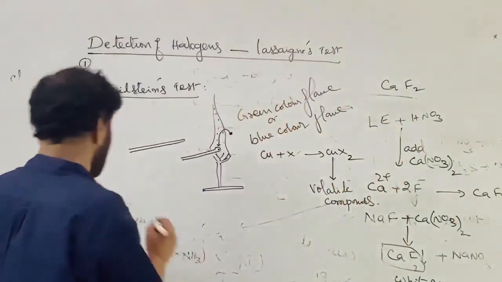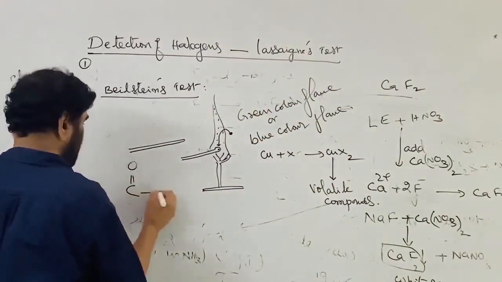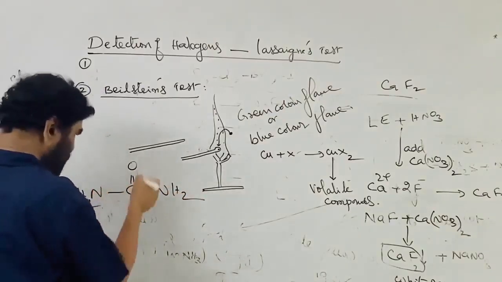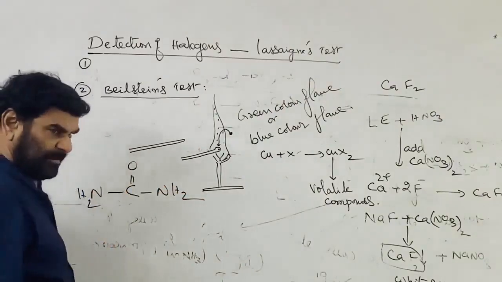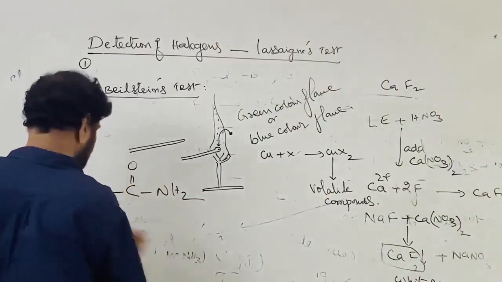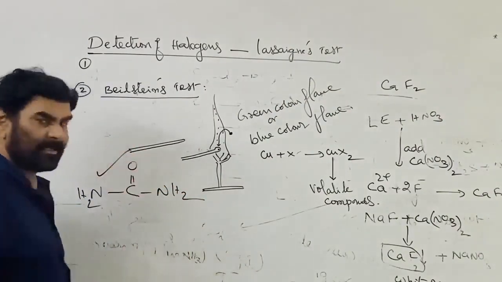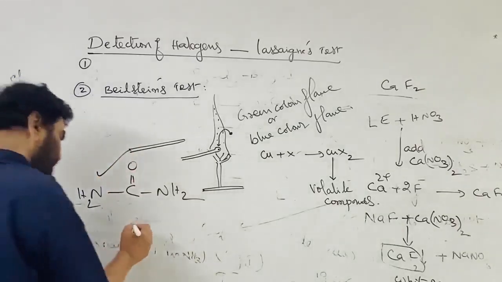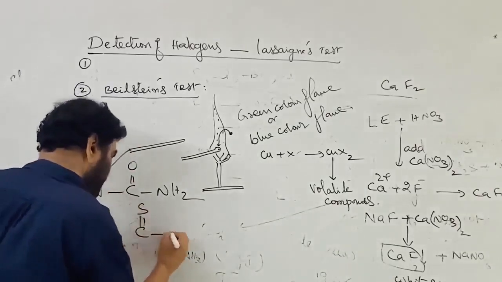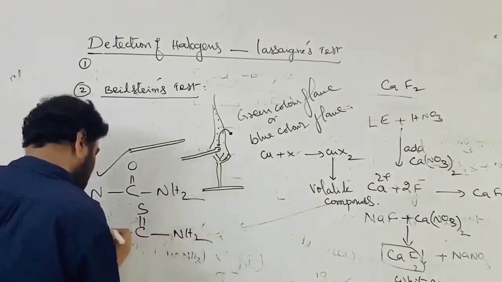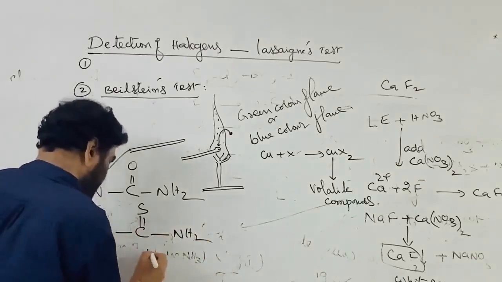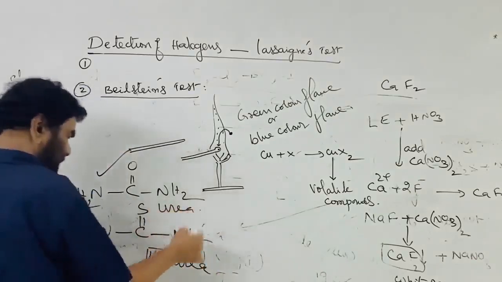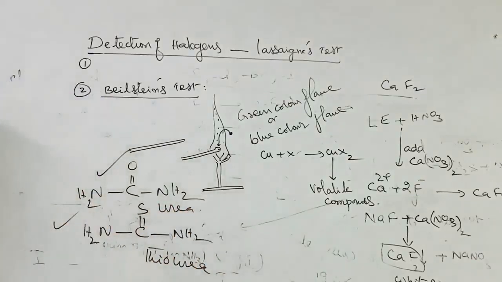For example, urea. There is no halogen in this nitrogen fertilizer, but it gives a positive Beilstein test. Similarly thiourea. This is urea, this is thiourea. Both give the positive test.